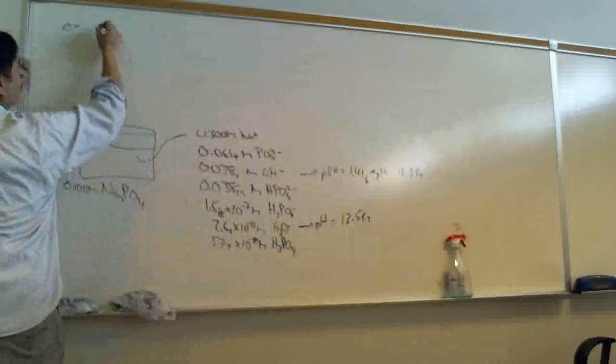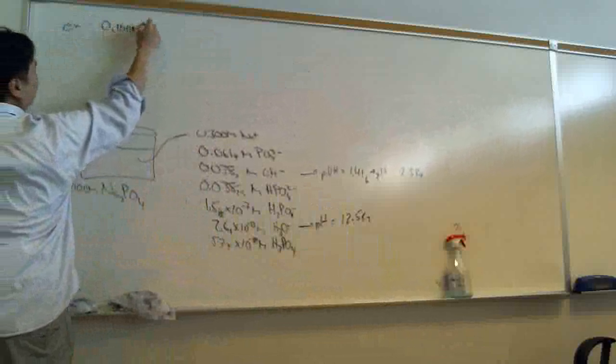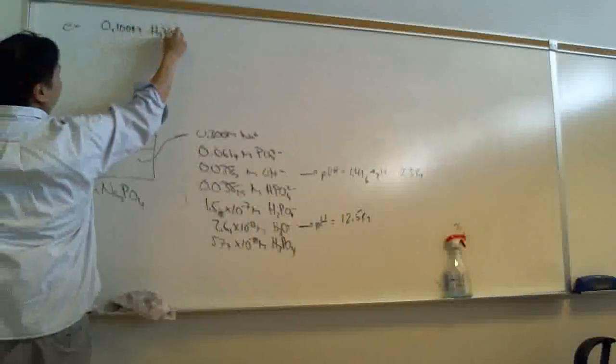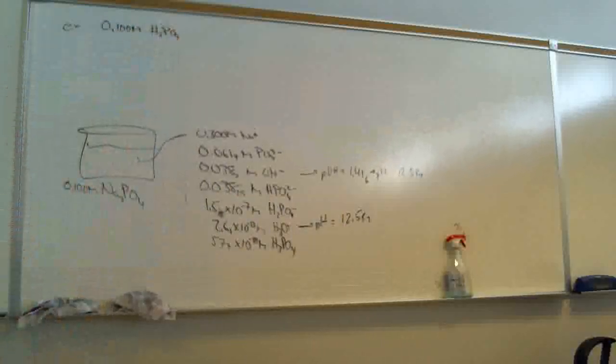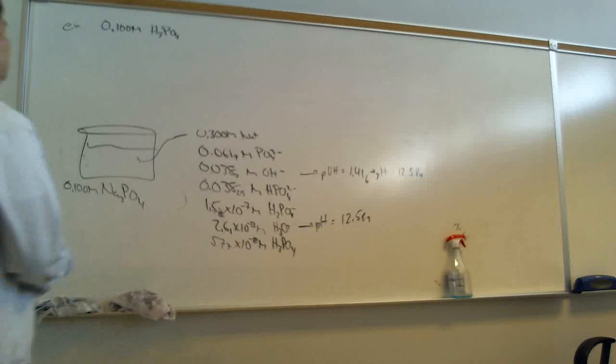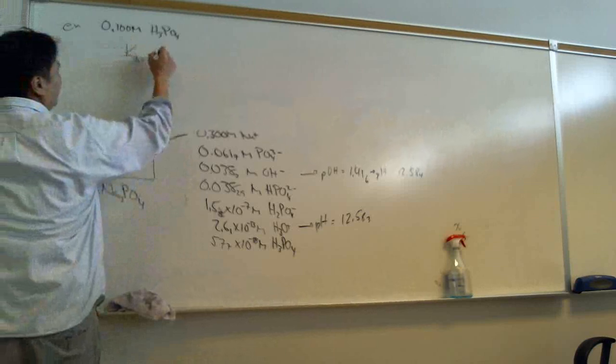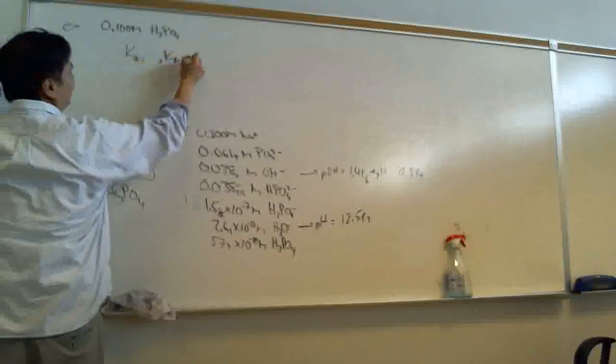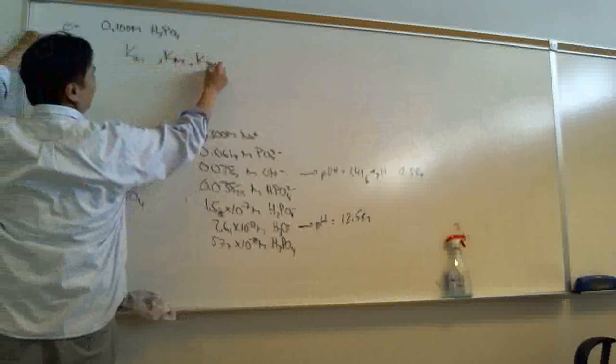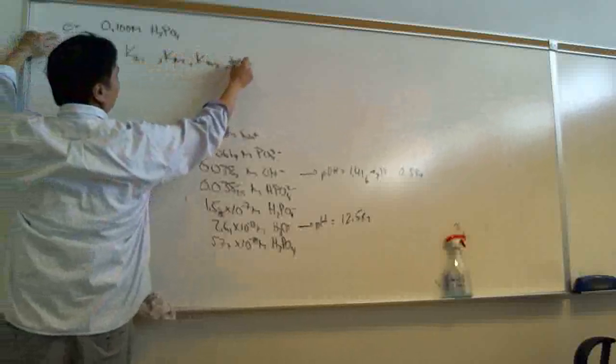So this calculation would be 0.100 molar H3PO4. Rather than starting off with the base, sodium phosphate, we start off with the acid, phosphoric acid. When we're dealing with phosphoric acid, we got Ka1, Ka2, Ka3, and Kw.